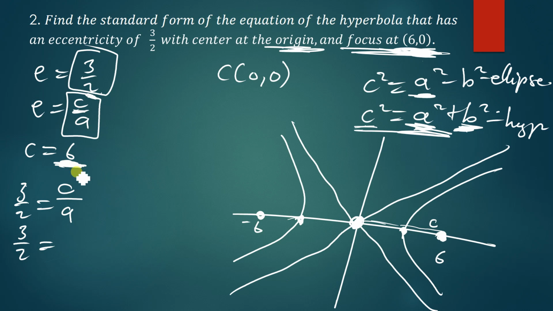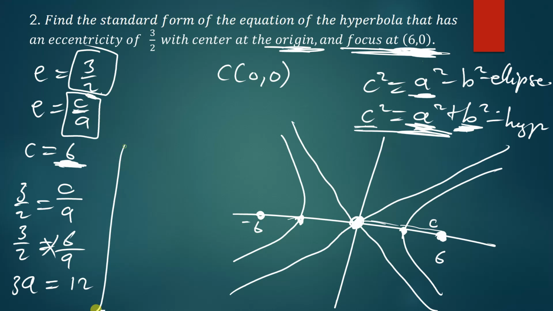We found c to be 6, so we say 6 over a. Cross multiplying, 3 times a is 3a, and 2 times 6 is 12, meaning the value of a is simply equal to 4, when you divide by 3 on both sides. Meaning our a squared is equal to 16. So we have found the value of a squared.